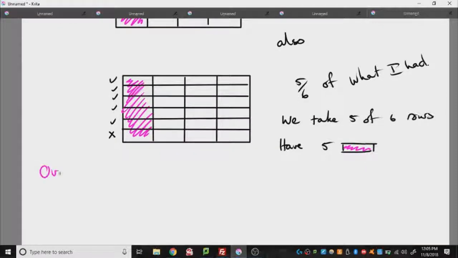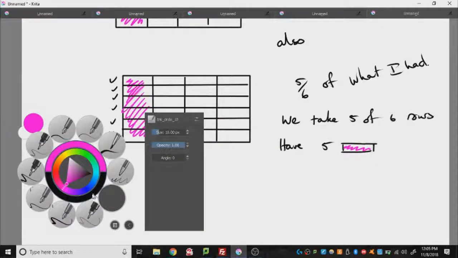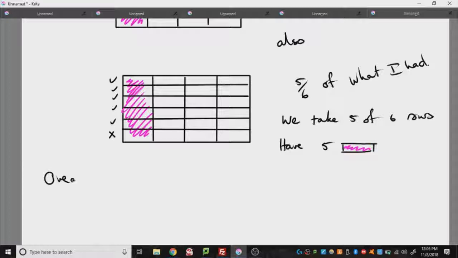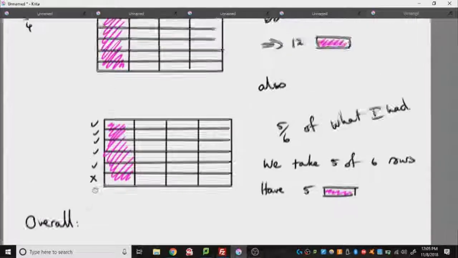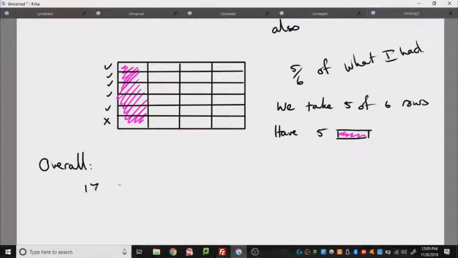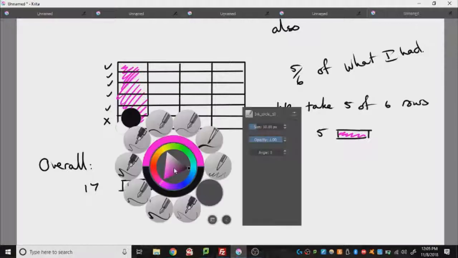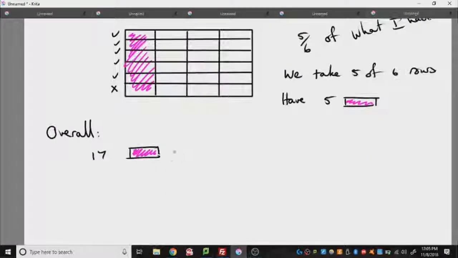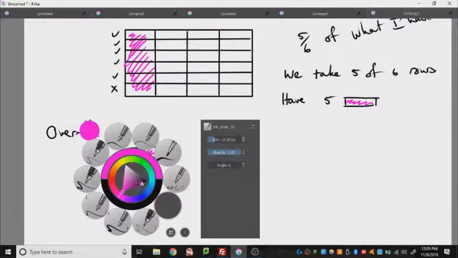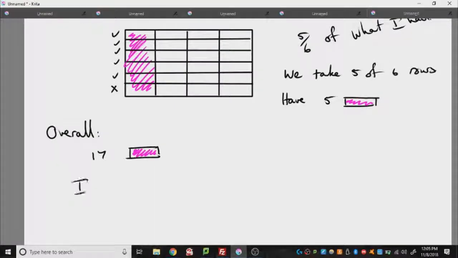So overall, what do we have? Well, we have 17. 17 pieces. My pink sections expanded a little bit to 17. And I just need to relate that to a rectangle.